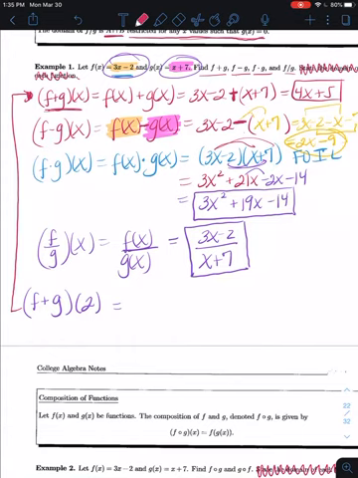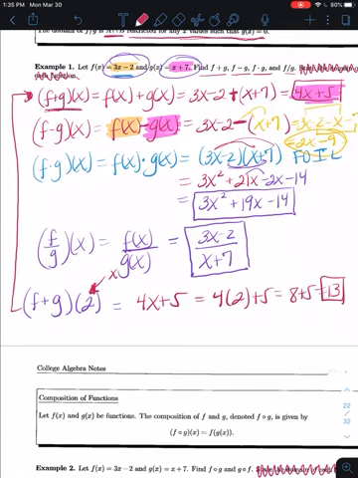The answer to that was this 4x plus 5. So I'm going to use the 4x plus 5, but in place of x, I'm going to replace x with 2. So 4 times 2 plus 5. That's 8 plus 5, which is 13.